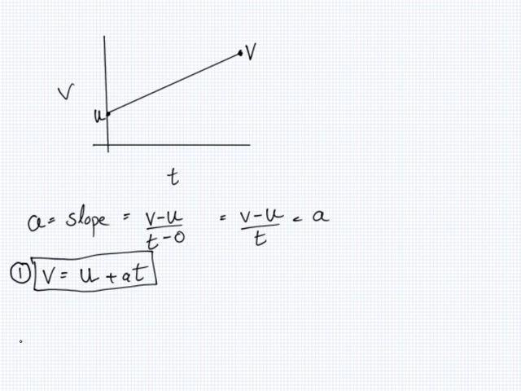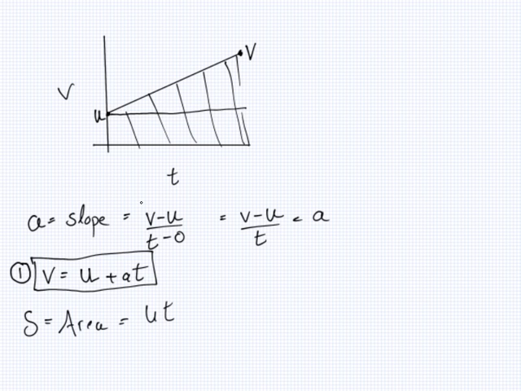Next, second equation. We said last time that the area here, which I'll break up as follows, represents the distance, the S. So we can say S equals the area, which will equal UT, which is that part, plus a half T by, and what's the height of this triangle?